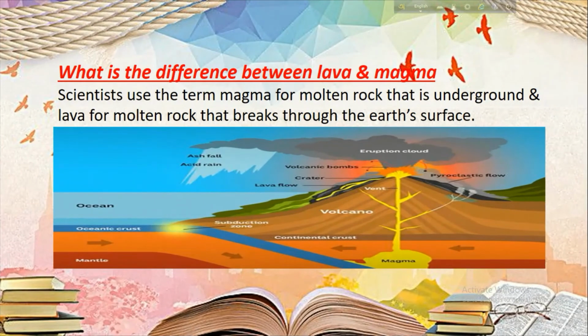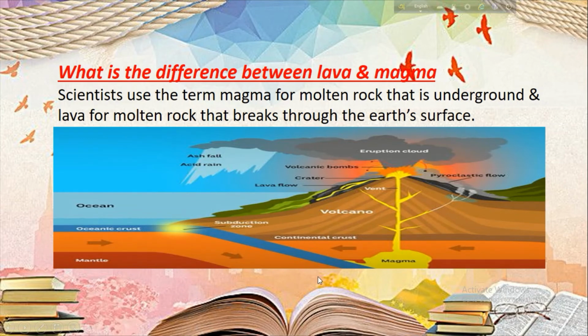Now we will see the difference between lava and magma. Magma exists in the interior part of the earth, and lava comes outside. Scientists use the term magma for molten rock that is underground, and lava for molten rock that breaks through the earth's surface. The magma chamber is situated in the mantle zone.